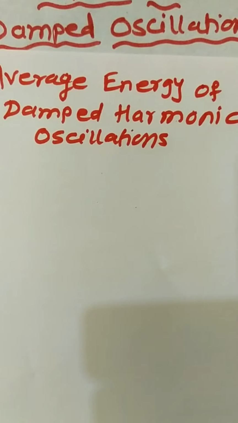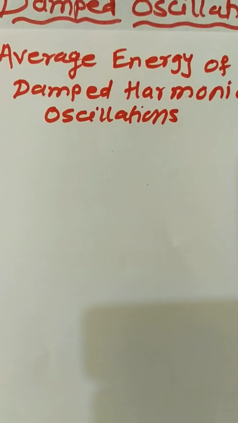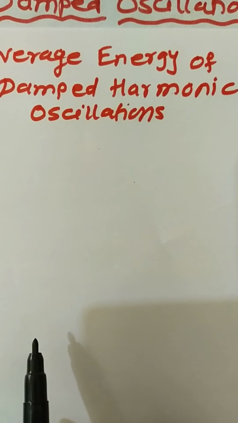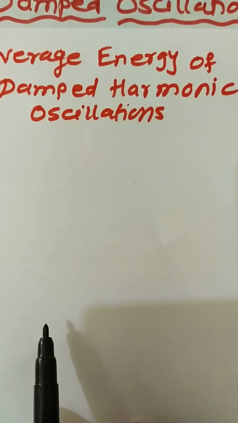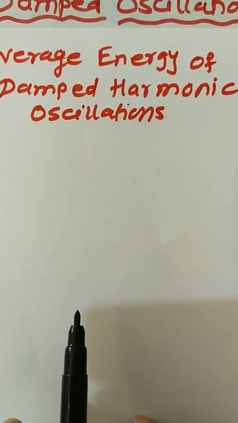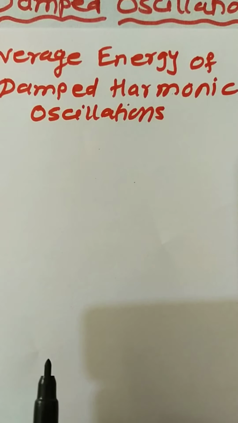In a damped harmonic oscillation we have seen that the amplitude decreases with time, which means that the energy associated with the system does not remain constant.